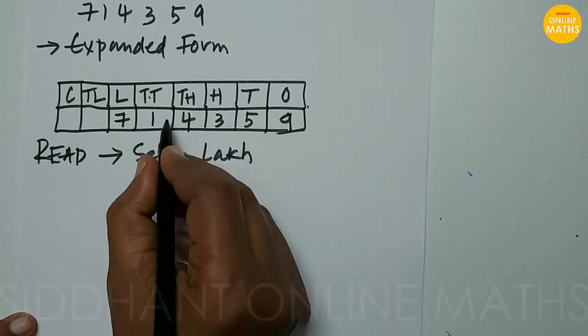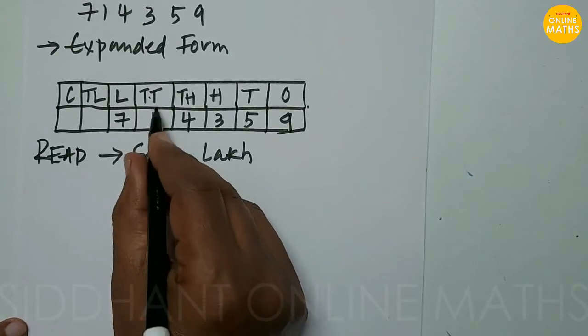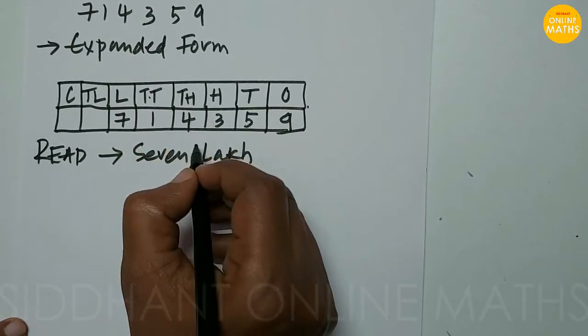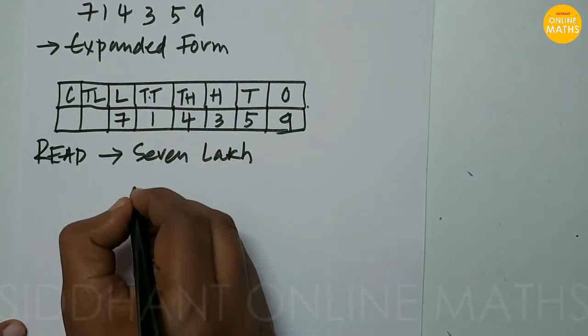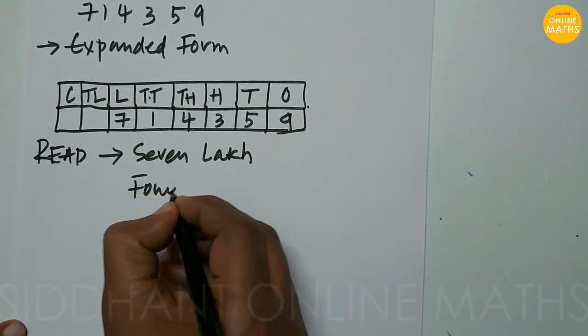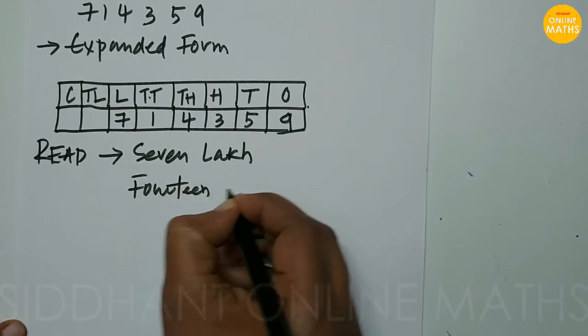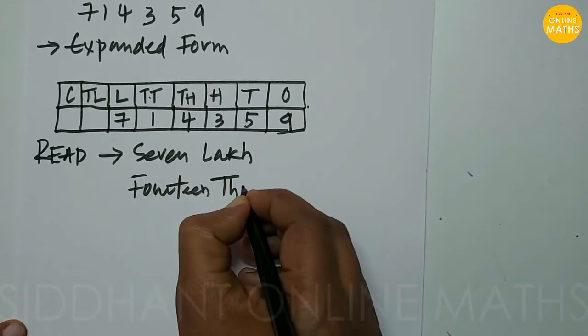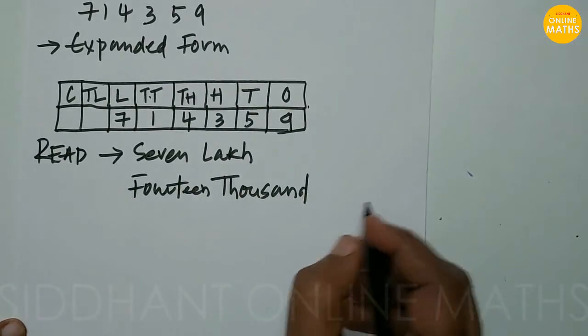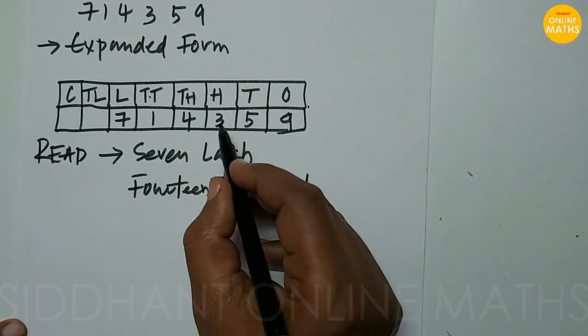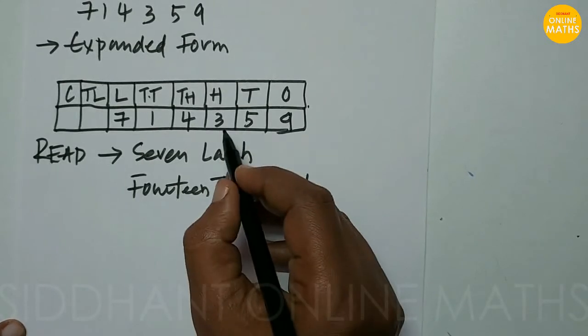After that we see the thousands place, where 1 in 10,000 and 4 in thousands are there. Combinedly we can say 14,000.